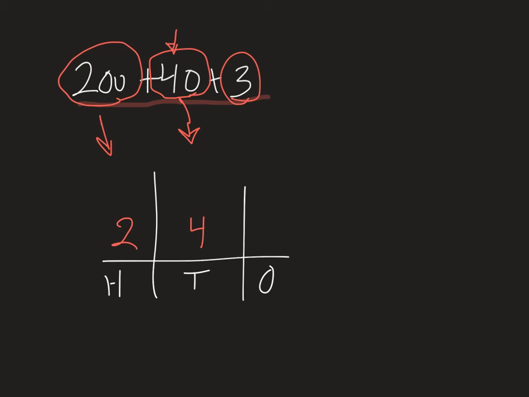And lastly, we have the number 3. The number 3 doesn't have any zeros after it, so it's a 1. And we can put that in the ones place. So that means our number 200 plus 40 plus 3 is equal to 2 in the hundreds place, 4 in the tens place, 3 in the ones place, which is the number 243.